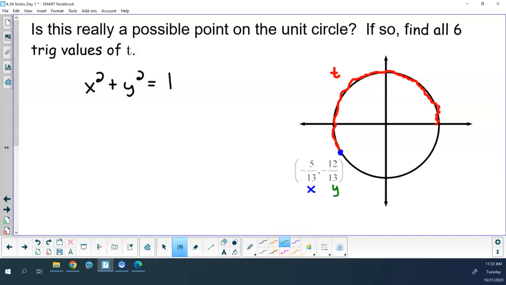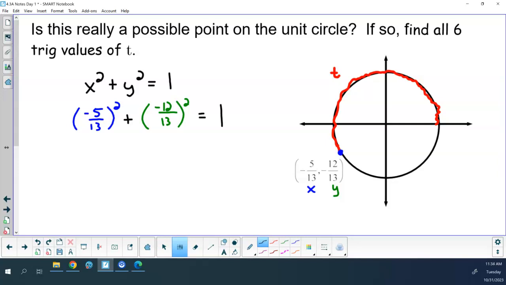All Cartesian coordinate points are of the form x comma y. So we would have to square negative 5/13 and square negative 12/13, and hopefully that sum is equal to 1.